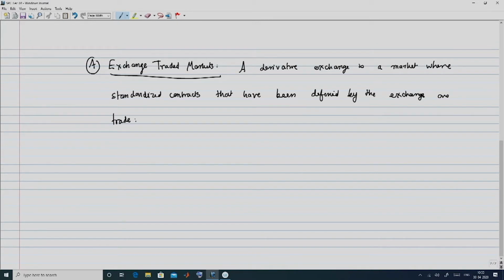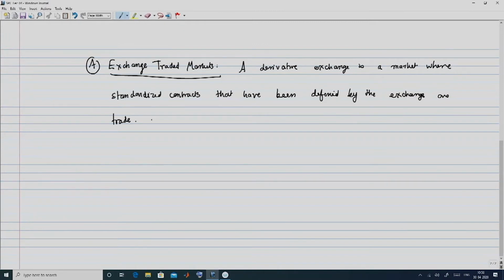So, basically in an exchange traded market, any derivative that is traded on such a market, the terms and conditions of such a derivative are specified by the exchange and are binding on both the parties who actually go ahead with this transaction of this derivative under the supervision of the exchange.